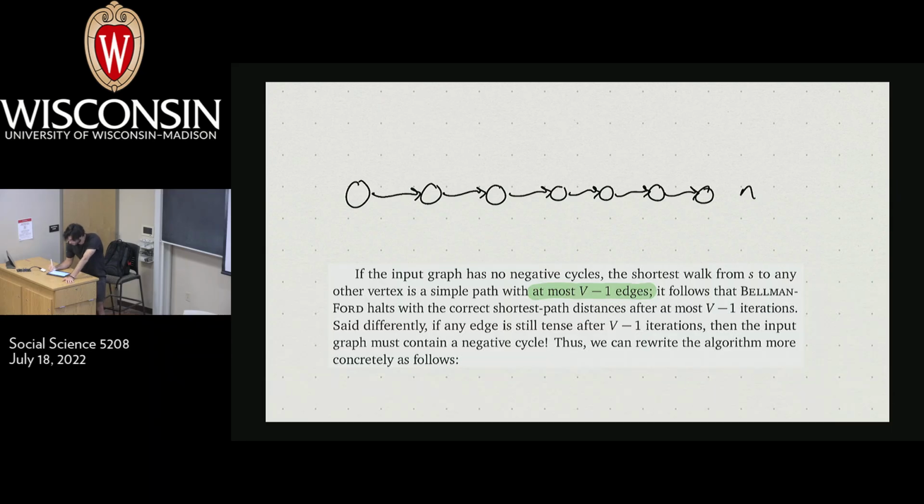If you have n nodes, that's n minus 1 edges. So the very longest path you could ever have has only n minus 1 edges, or v minus 1 edges. So after v minus 1 iterations, you should be done. You've considered all possible shortest paths. But you could still have tense edges. So this is an important point.